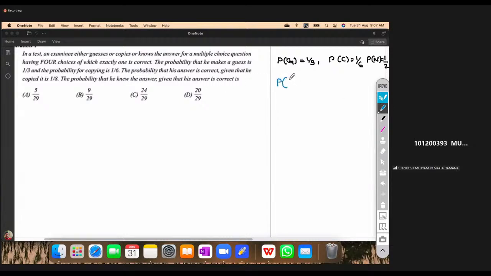The probability that his answer is correct when he went for guesswork is 1/4, the probability that he got the correct answer when he knows the answer is 1, and the probability that he got the correct answer when he copied is 1/8.